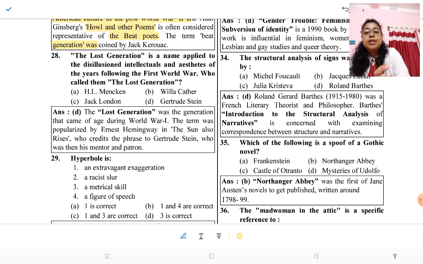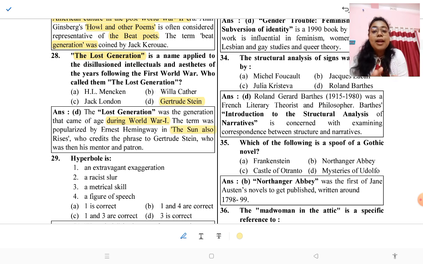Then the lost generation. The lost generation is a name applied to the disillusioned intellectuals and aesthetes of the years following the First World War. So Gertrude Stein, this question I am doing maybe two or three times. The lost generation was the generation that came of age during World War I, and the term was popularized by Ernest Hemingway in The Sun Also Rises.